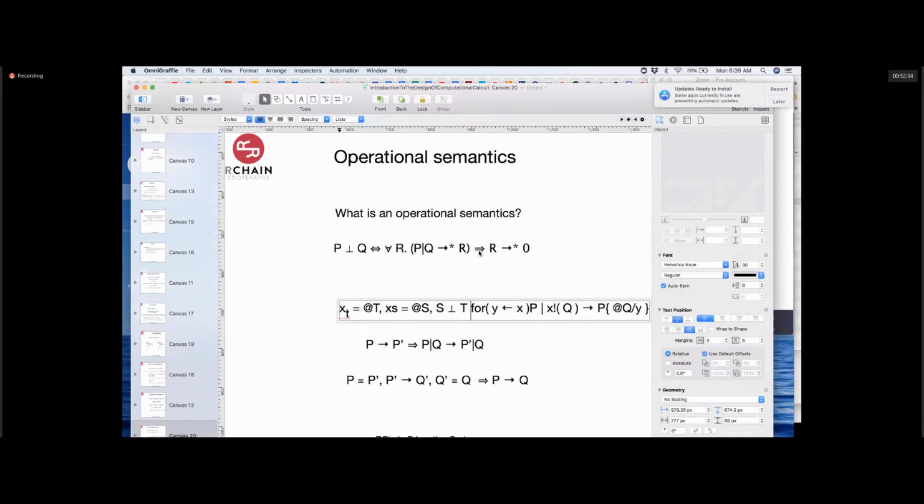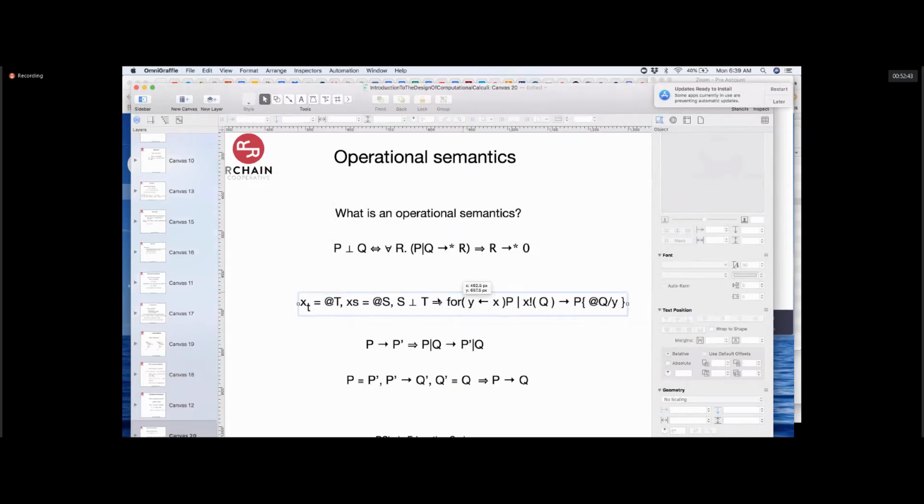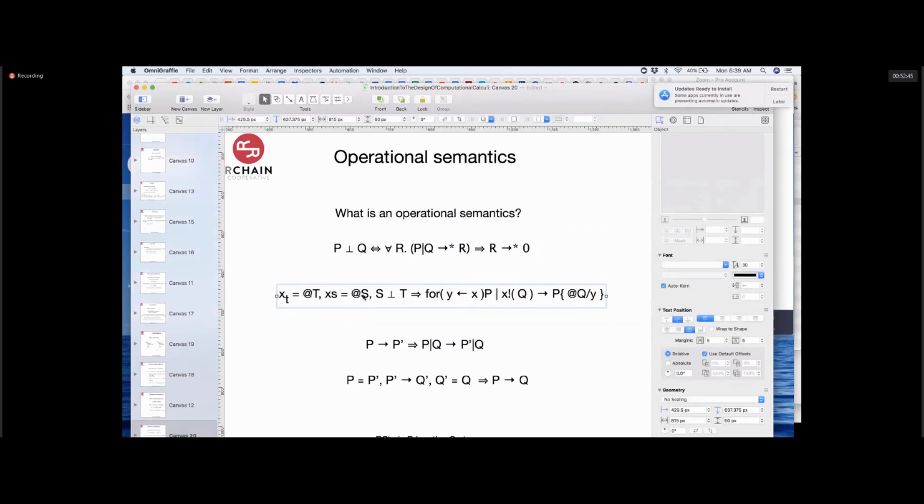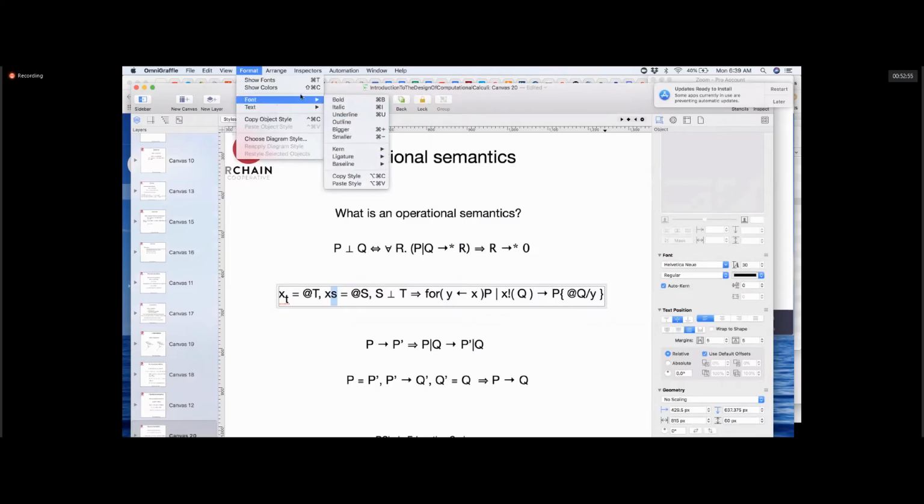Then we're going to fix that one. Font baseline subscript.